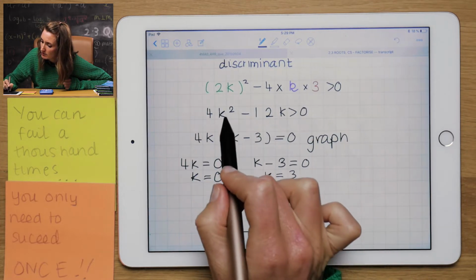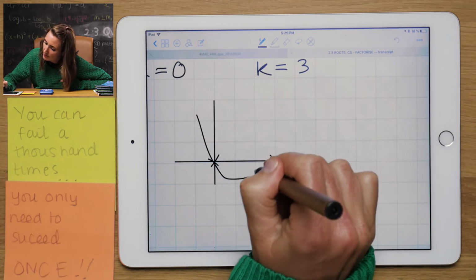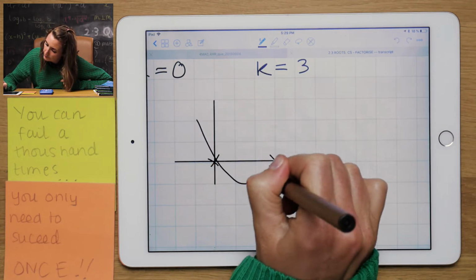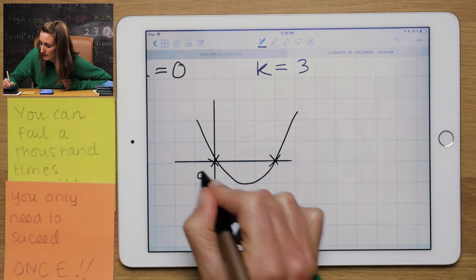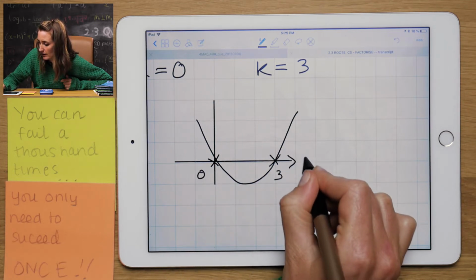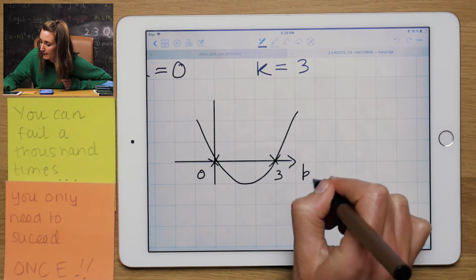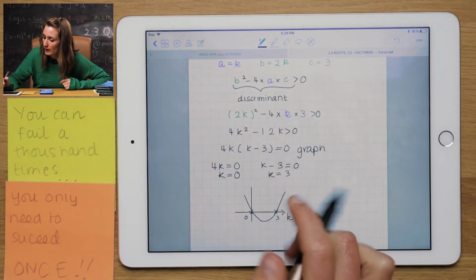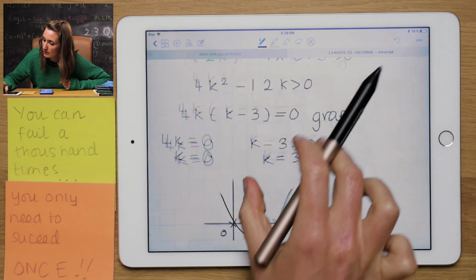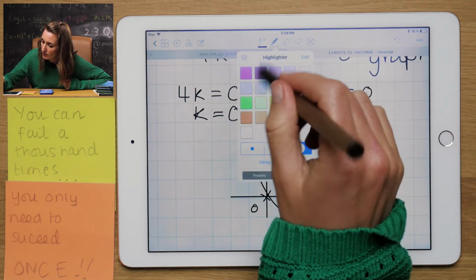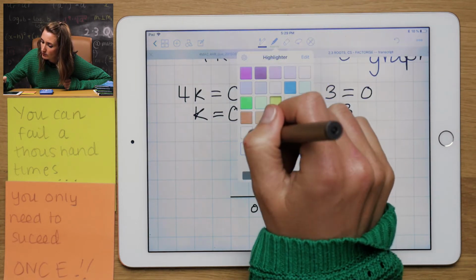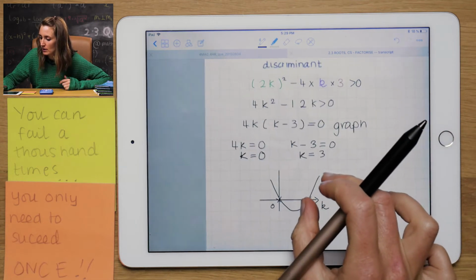This is a positive k squared, so it will be a smiley face graph. So that's 0, that's 3, that's k. Now, we have this one bigger than 0. So for bigger than 0, you are going to want to shade above.